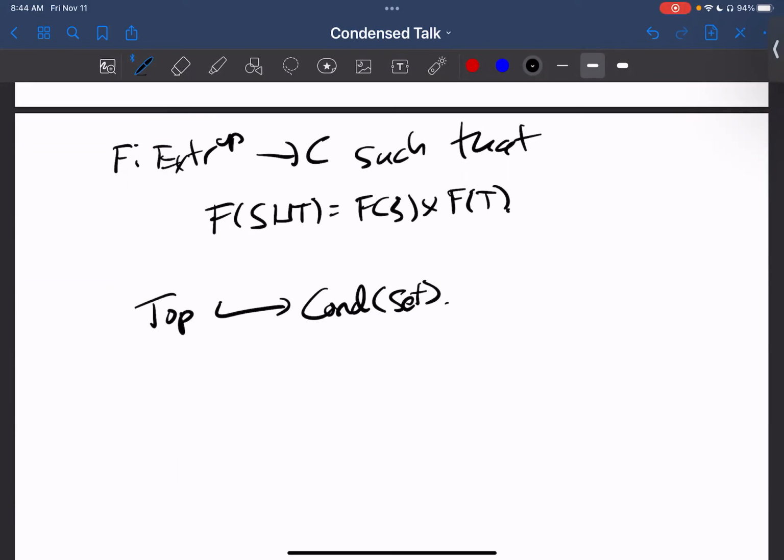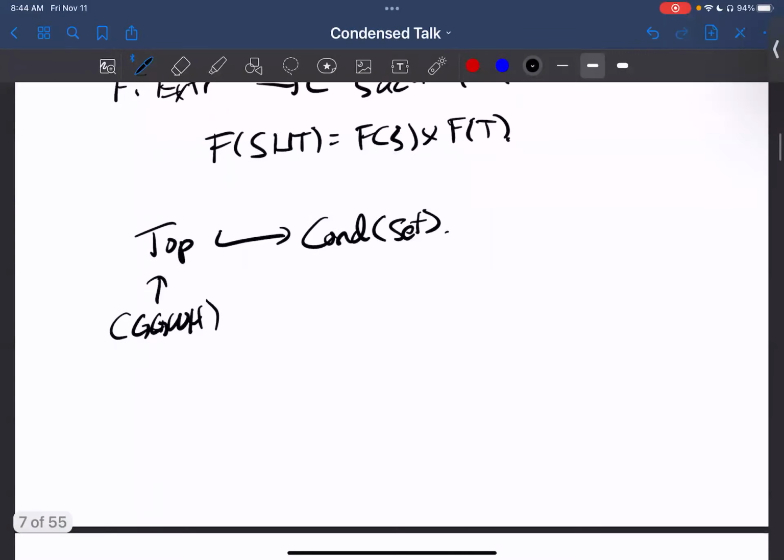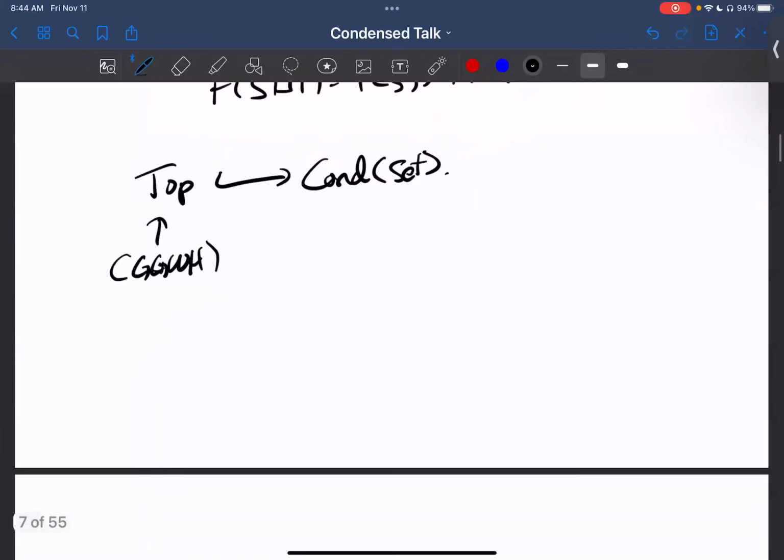So really here we mean compactly generated weak Hausdorff spaces that are T1. And so how do we do this? Well, we take a space X to go to the condensed set of maps into X.